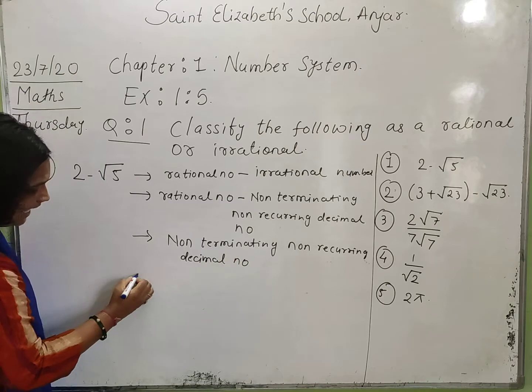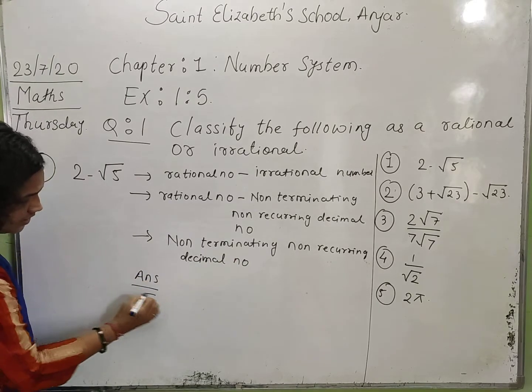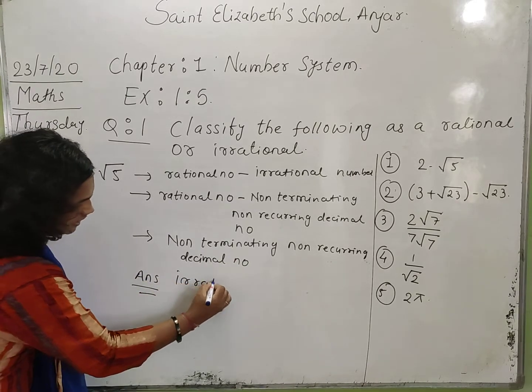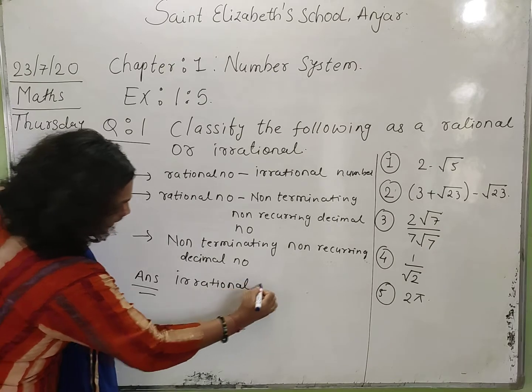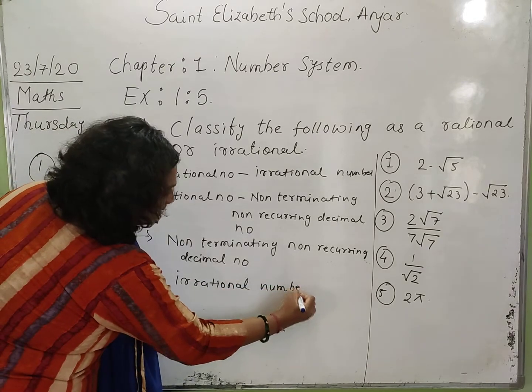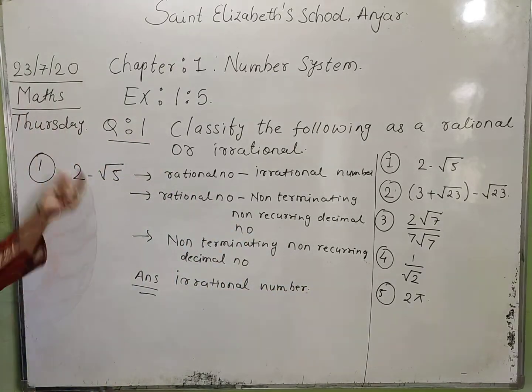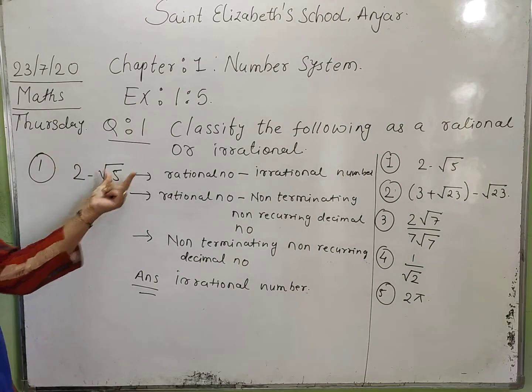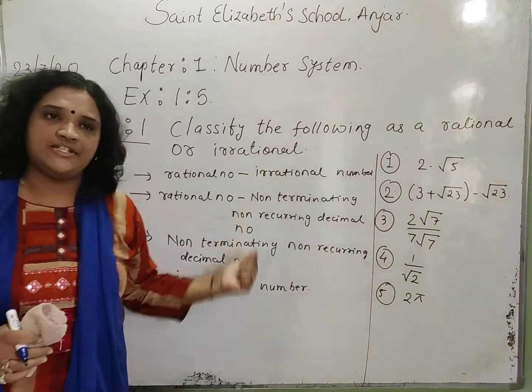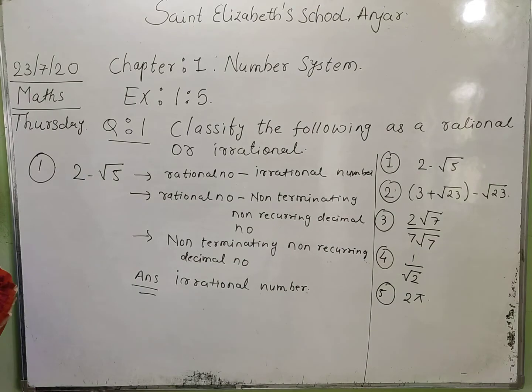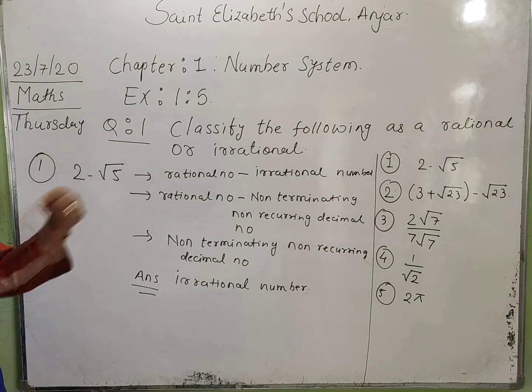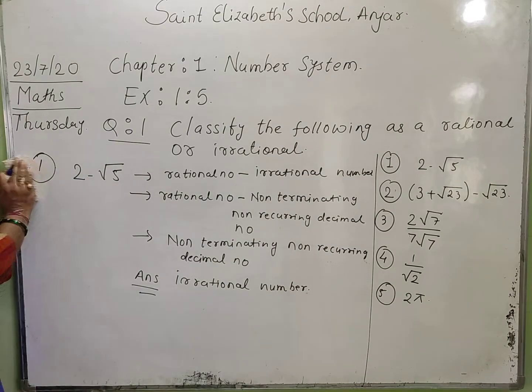And therefore the answer is an irrational number. So this is the answer of the first question. This is rational, this is irrational. One rational and one irrational always gives you an irrational number. We'll move to the second one.